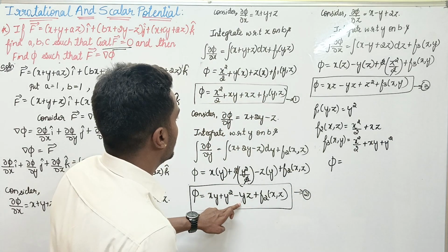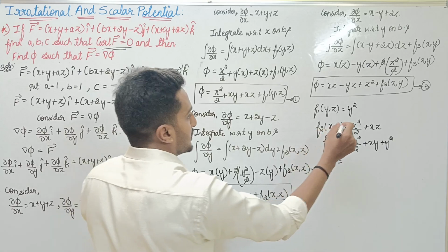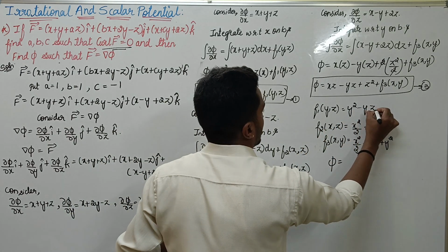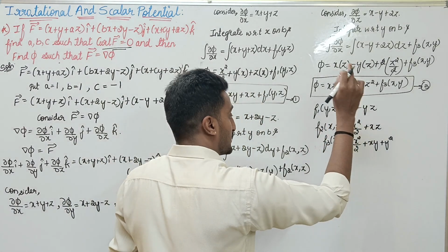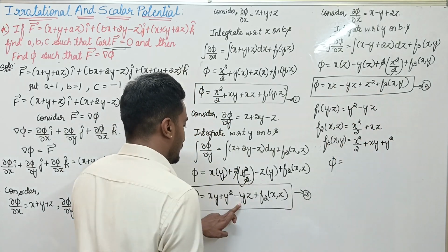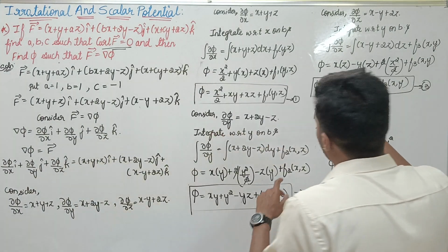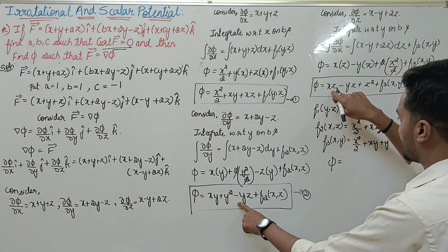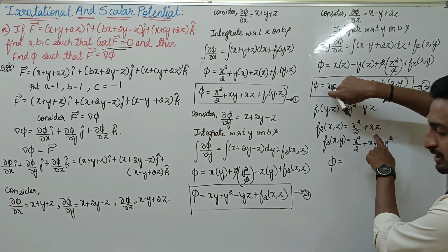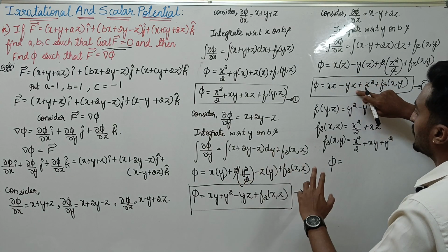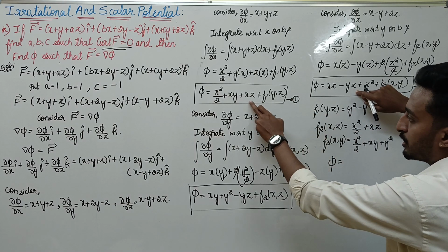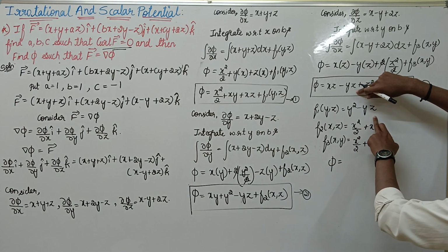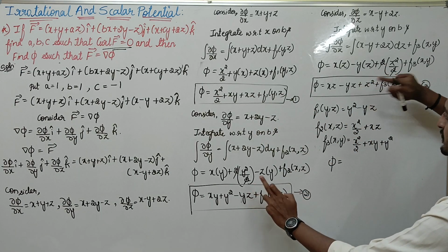Now minus yz: we don't have minus yz here, so we give minus yz, but in equation number 3 we have minus yz. Done. Now let us satisfy the other one. We have xz, and we have given xz already, no need of giving it another time. Now minus yz, we have given minus yz, no need. Here we have minus yz, satisfied.